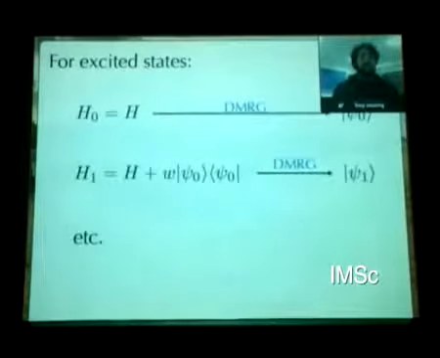Then the idea is that you can now form a new Hamiltonian, call it H1, which is your original Hamiltonian plus some weight W, which you take to be, well, it depends, you have to experiment with different weights, but just think of it as some number of order one. And then you multiply this times this outer product of psi 0 with itself.